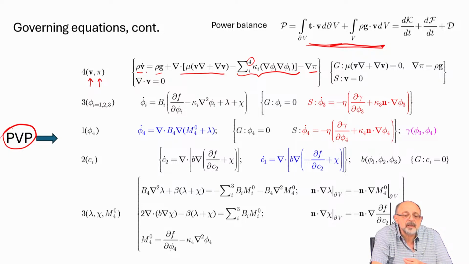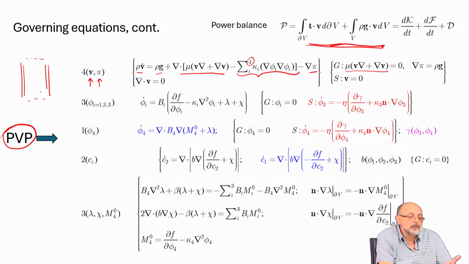And incompressibility condition. Corresponding to those equations, there are boundary conditions in terms of shear stress in the gas, right? Because your boundary might include solid and gas boundary, for example.